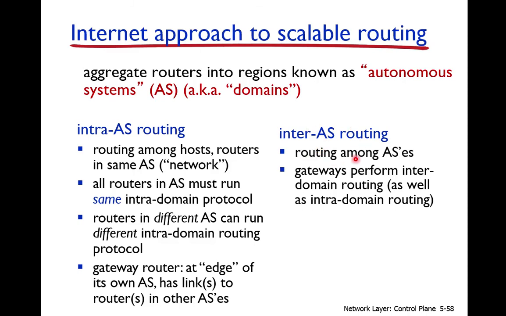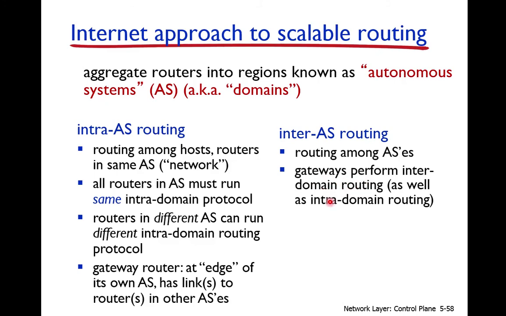Inter-autonomous system routing is the routing used among autonomous systems or among domains. Basically it is performed by the gateway routers, because the gateway routers connect two or more autonomous systems. Therefore inter-autonomous system routing will be implemented on the gateways. So gateways perform inter-domain routing.